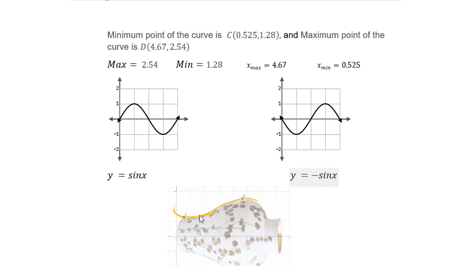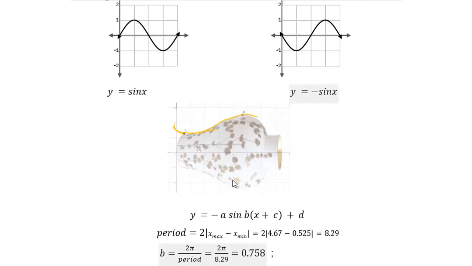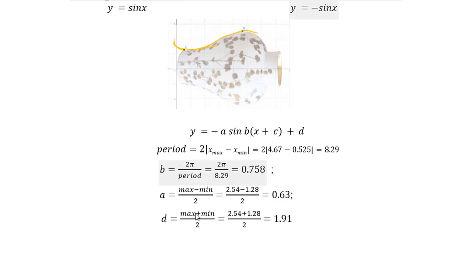If we think this is a sine function, you could see we got the minimum first, then maximum, which means this will be the general form for this curve: y equals negative A sine B times x plus C, plus D. So we get that A is negative, but I want to figure out A as positive. That's the reason I put the negative sign before this A.